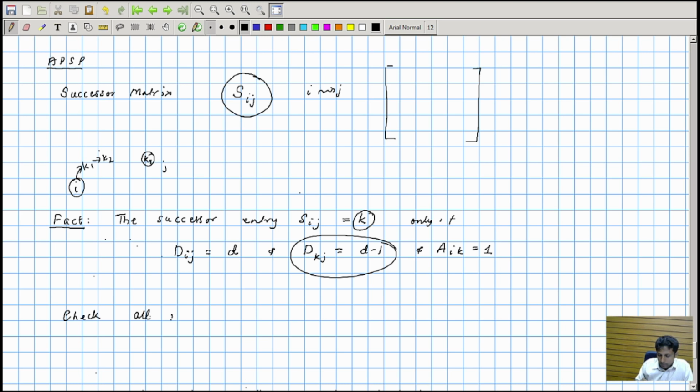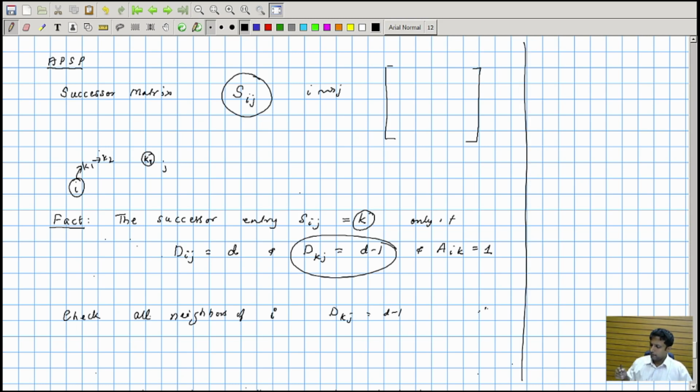Check all neighbors of i, and whichever is connected to i and has distance d_kj equal to d minus 1, you can include that as a successor. But you need to compute S_ij for n square entries. So if each of these takes linear time, the total complexity is going to be n cube. So we can't really check all possible neighbors. We need to find some way out.